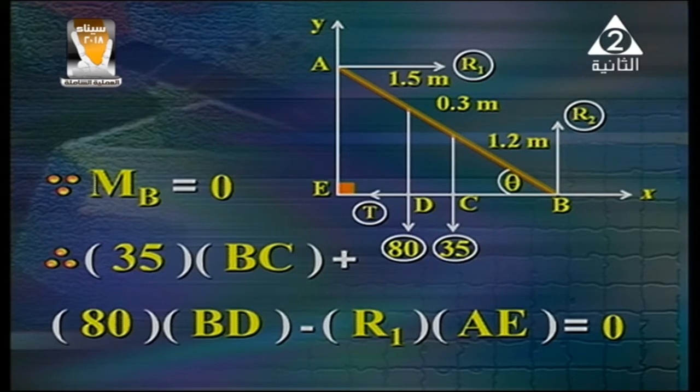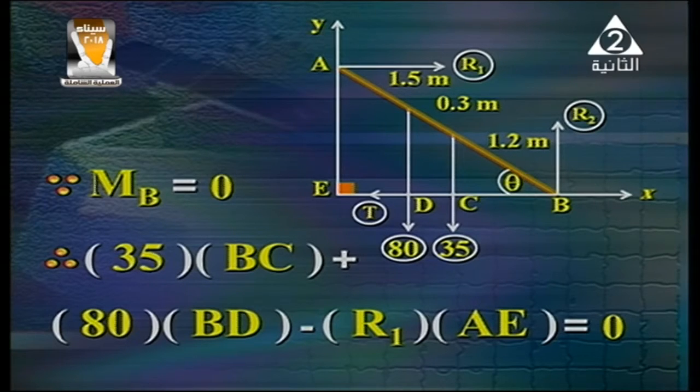Remember, dear student, we have two equations. The first equation before the man ascends the ladder. The second, when the man ascends the ladder, the weight is 35 and the man's weight is 80 kilogram weight.